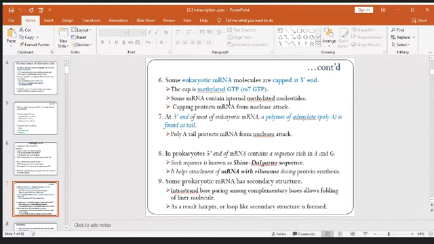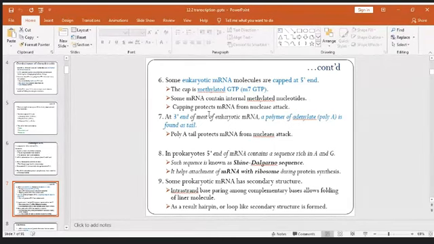Some messenger RNA contain internal methylated nucleotides, which means the methylation might occur in between the nucleotide sequences. As I told you, capping protects messenger RNA from nuclease attack.